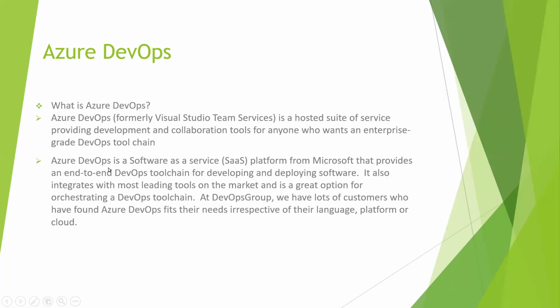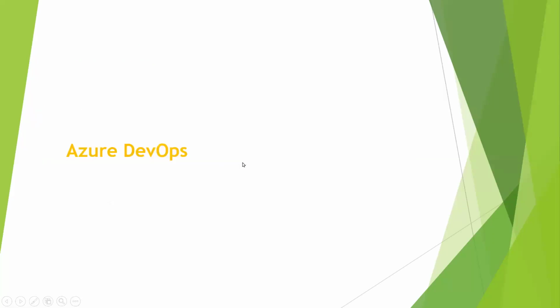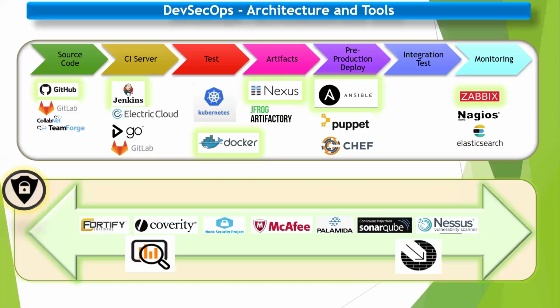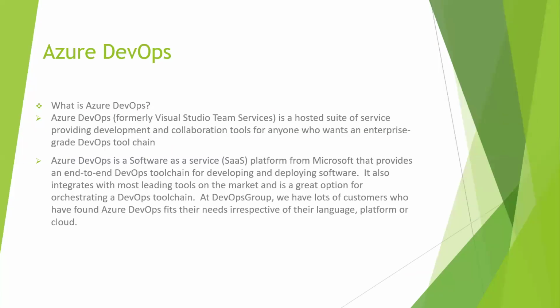And Azure DevOps is software as a service. They have bundled all these tools. Don't think the names are the same; there may be differences, but ultimately the purpose of each tool is taken care of in a single software.